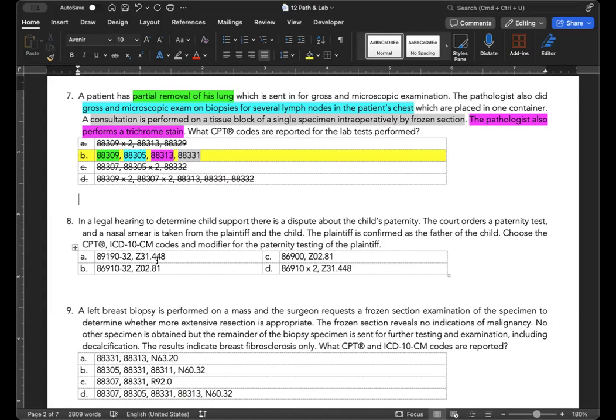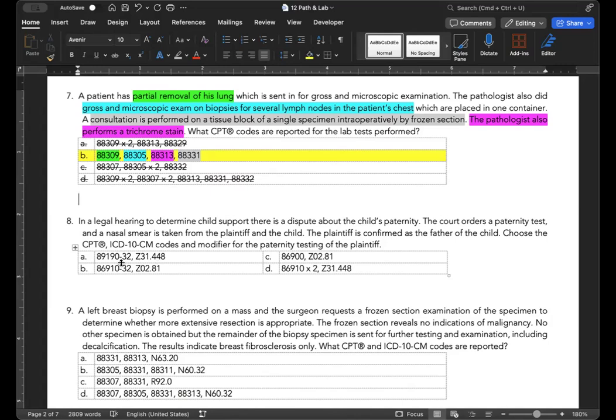So I'm going to go to my ICD-10 and do my Z code, and see which Z code it should be. I'm going to go numerically first, Z02.81 first. Z02.81 is for encounter for paternity testing.